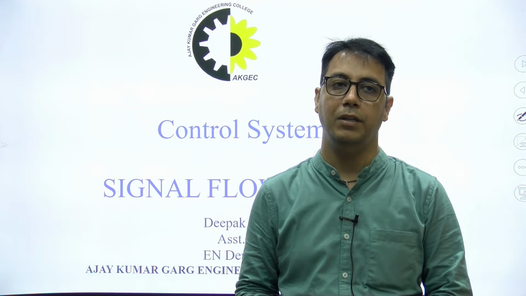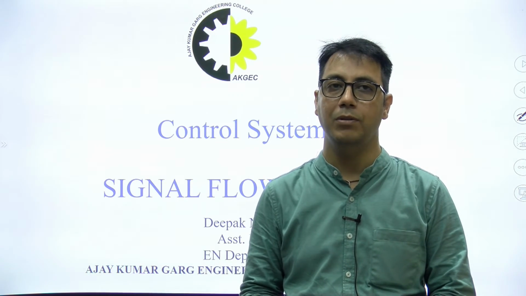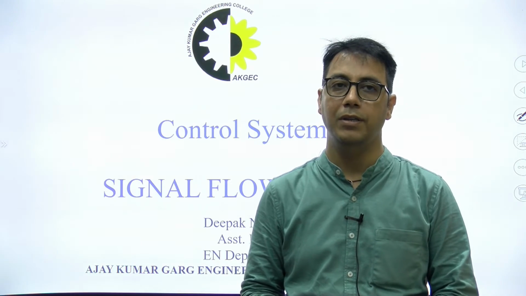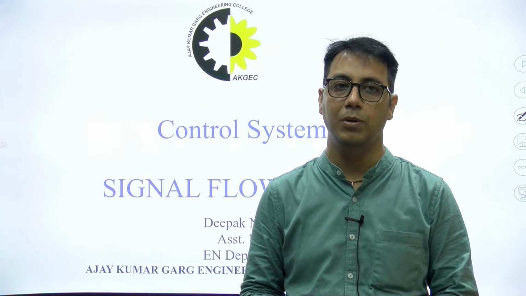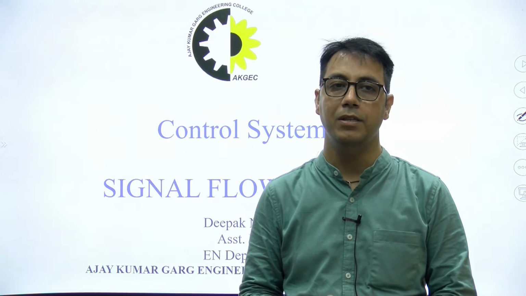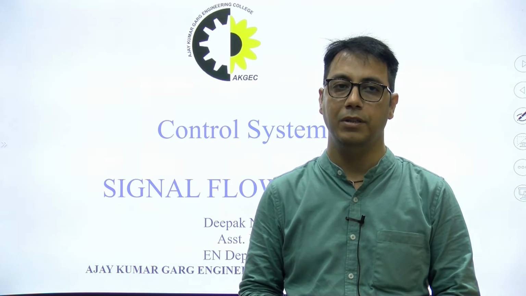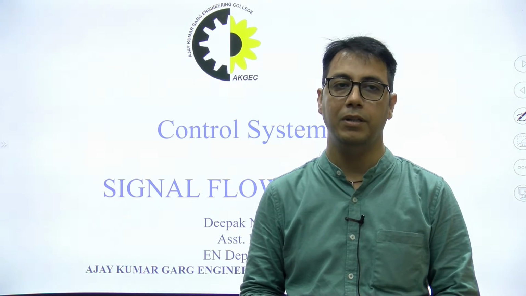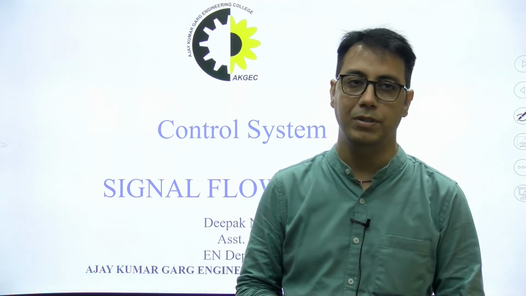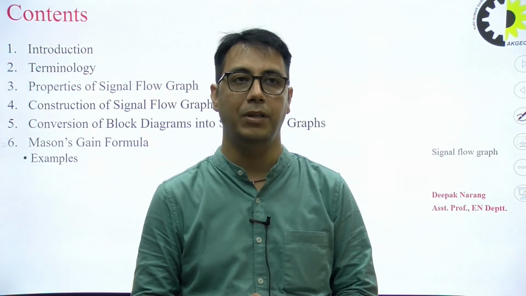And to find that transfer function, basically we use two techniques in control system. First is block reduction technique and second is signal flow graph. And block reduction technique is quite complicated than signal flow graph. That is why we generally go for the signal flow graph method. And here we are going to discuss this signal flow graph method.